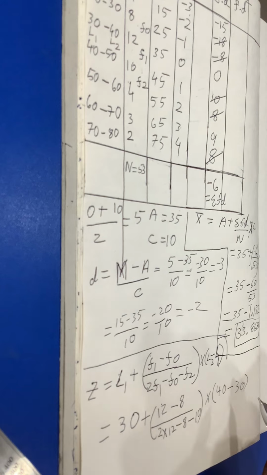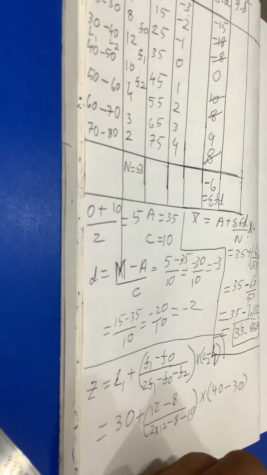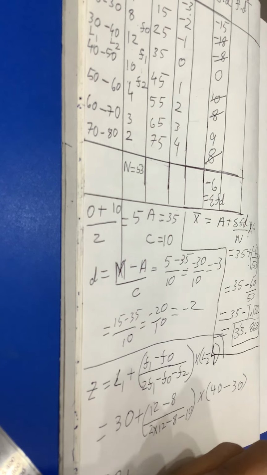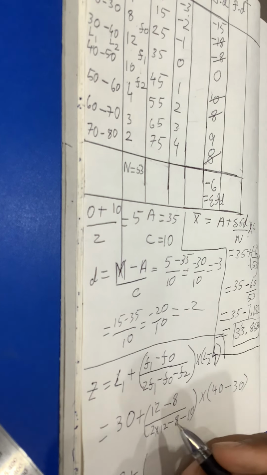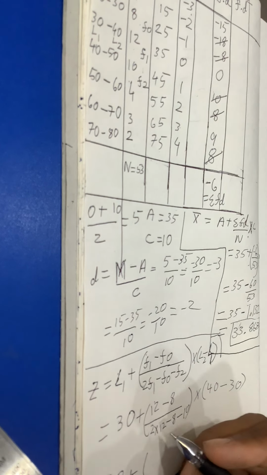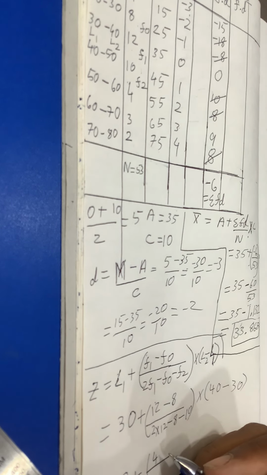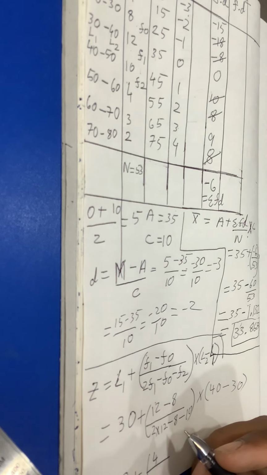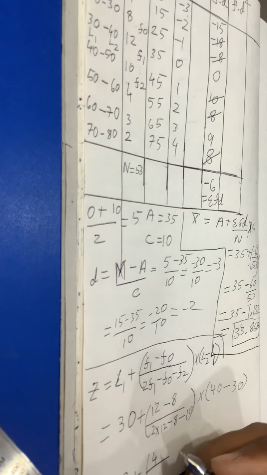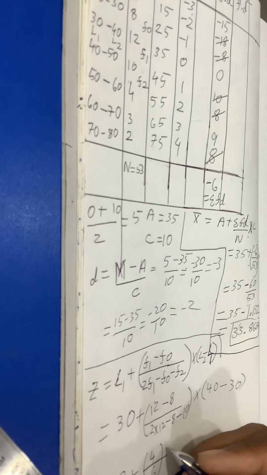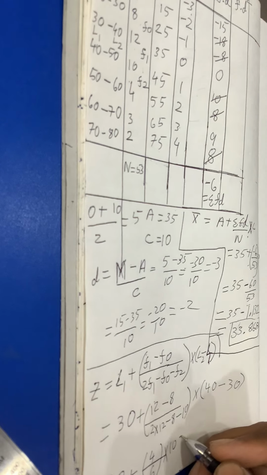Okay. Once we have plugged in these values, it is very simple: 30 plus 12 minus 8 is 4, and 24 minus 18 gives me 6, multiplied by 10.